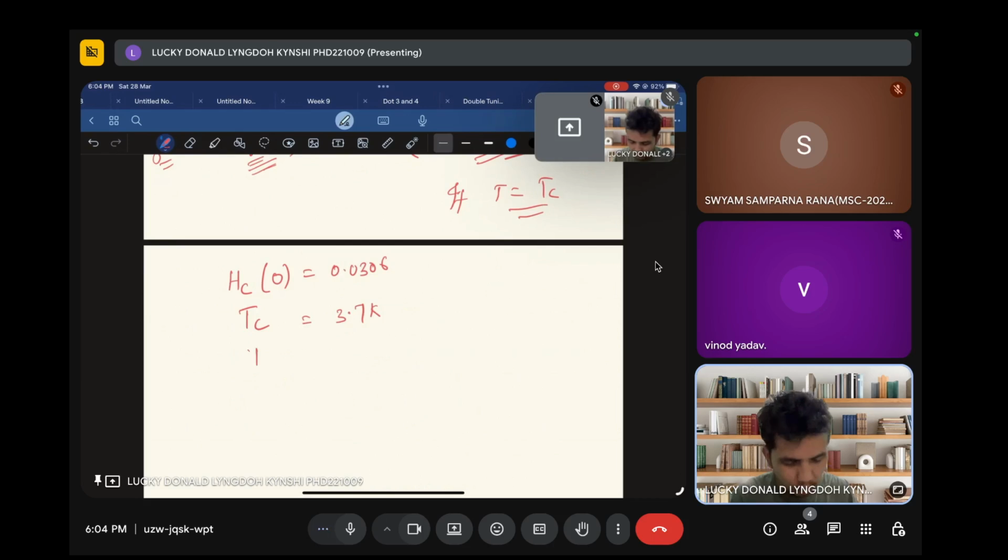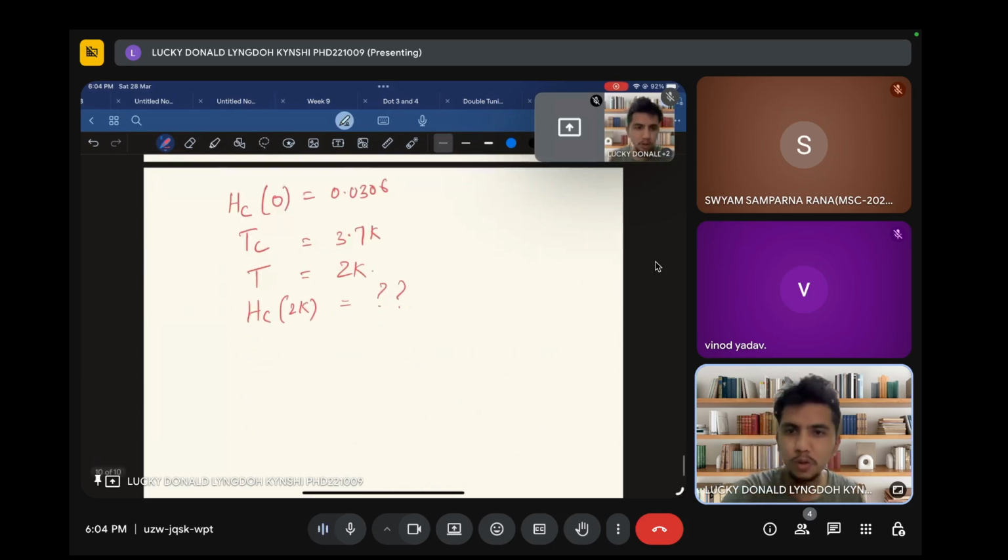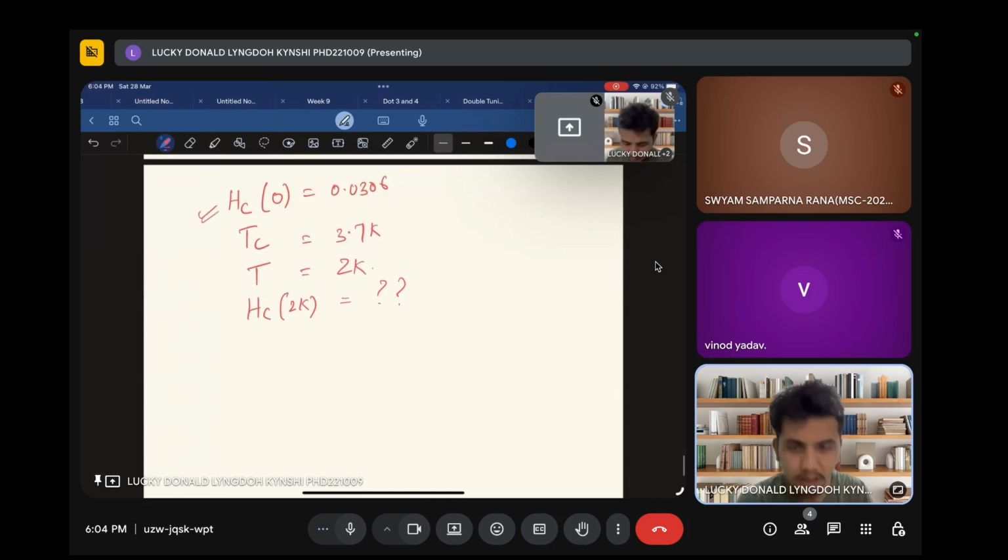And we have to find out what is the critical field at T equal to 2 Kelvin. Okay, so that means your critical field is given to you in Tesla, and we have to find out the critical field at 2 Kelvin.